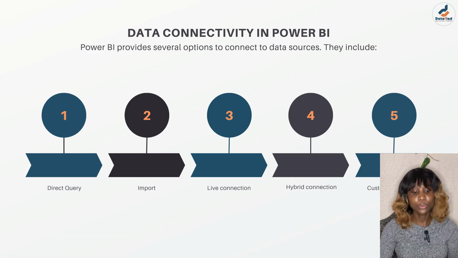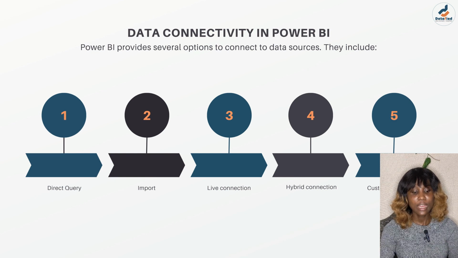The import mode, which is the second method on my list, allows Power BI to connect to a data source and bring it into the Power BI space. So what basically happens is that it takes a snapshot of that data from the source whenever it is being connected to. The third on my list is the live connection.